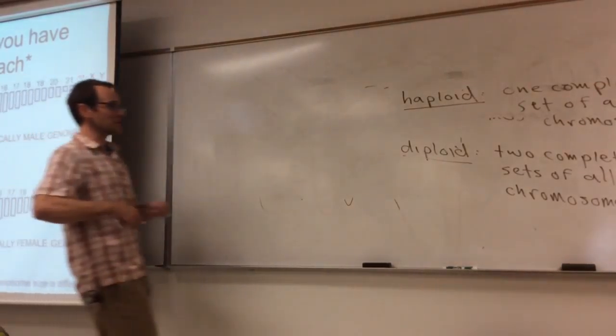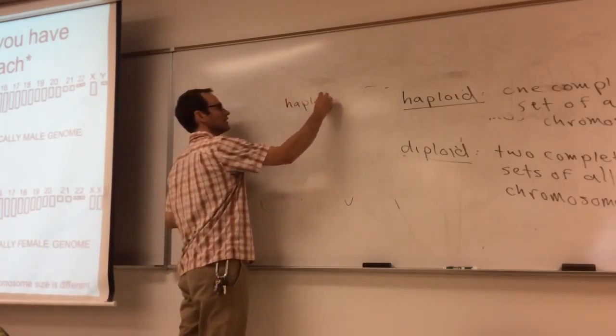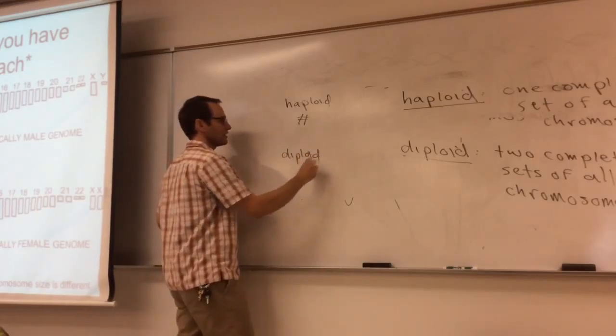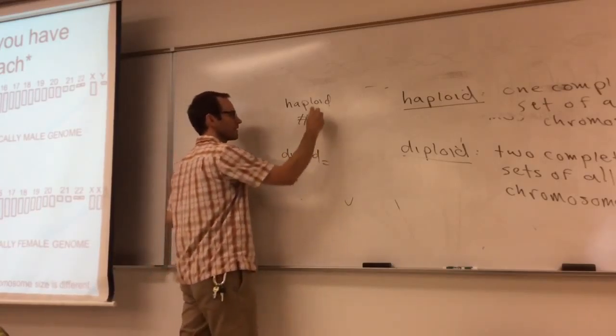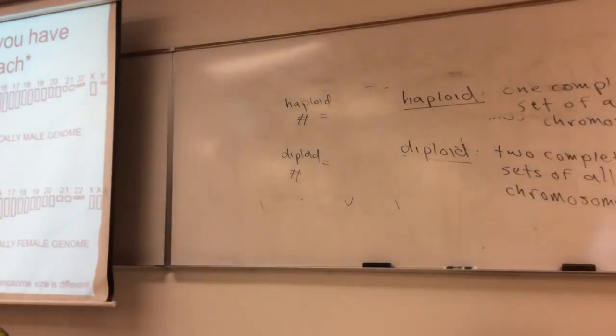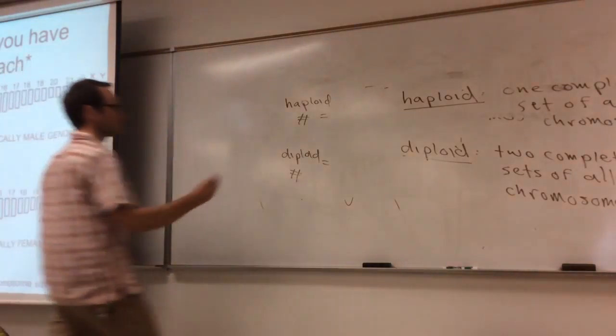So the other thing that we do is we use this term haploid number and diploid number. And haploid number refers to what you guys just did to that genome. How many pieces is it broken up into? So the human haploid number is 23.